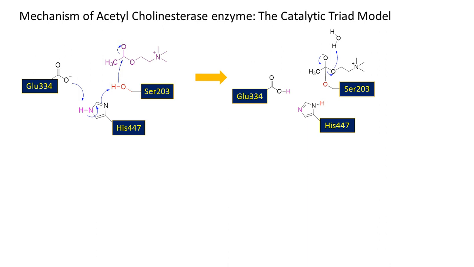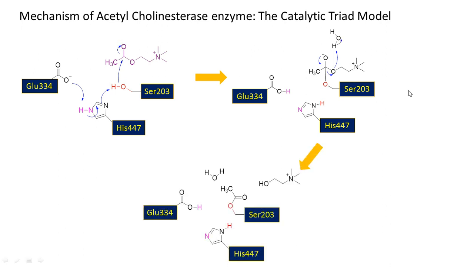So the electron pair from the CO minus reverts back, thereby initiating elimination of the choline unit from the molecule. Then it takes the help of one water molecule. Please closely observe here, one water molecule is now providing a proton to choline.